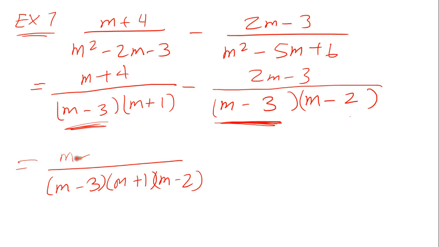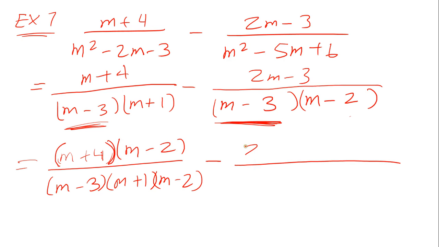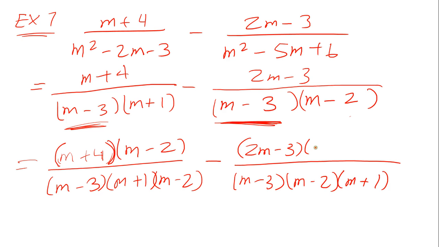So we have m plus 4 times m minus 2, minus 2m minus 3 times, so this is going to be m minus 3, m minus 2, and also the factor that I'm missing is m plus 1, and I'm going to cancel it so that I don't change anything.